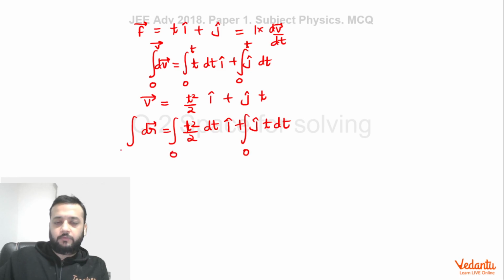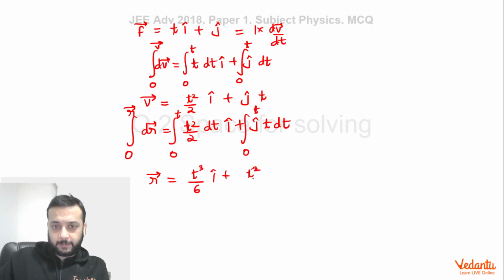At time 0, position was 0 because the particle was at origin, and at time t, let's say the position becomes r. So the r vector is equal to t cube by 6 i cap plus t square by 2 j cap.